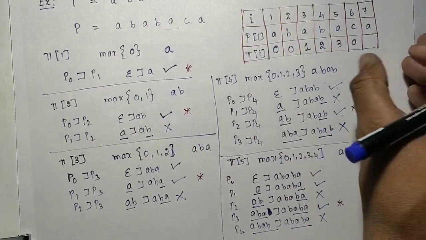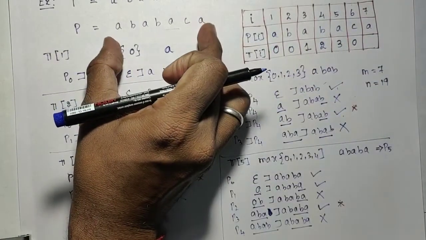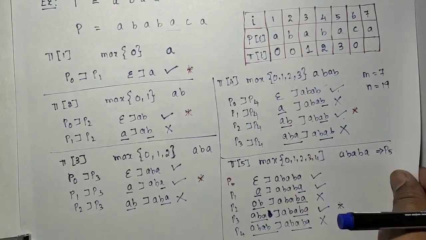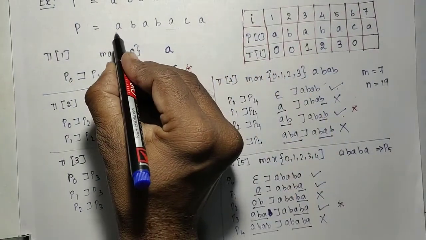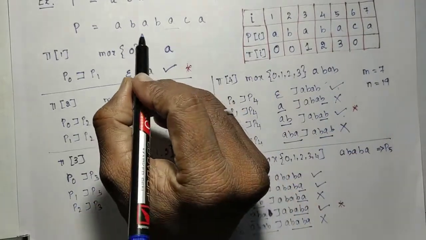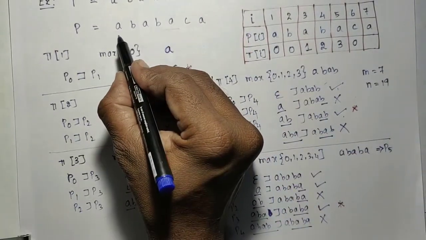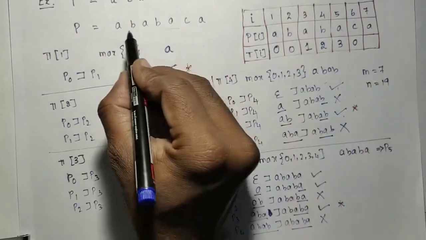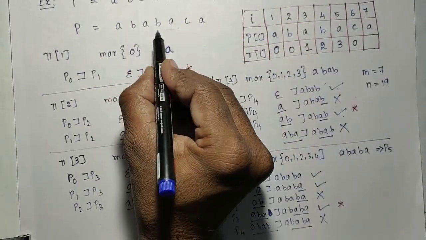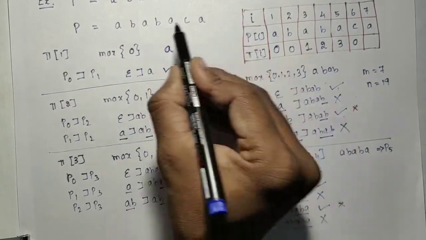Similarly, if you are considering the full string, first you leave epsilon and then start with 1. First character, last character match, 1. Okay, we got 1. So far 1 is the maximum. And then ABCA does not match. ABA and ACA no match. ABAB, BACA no match.